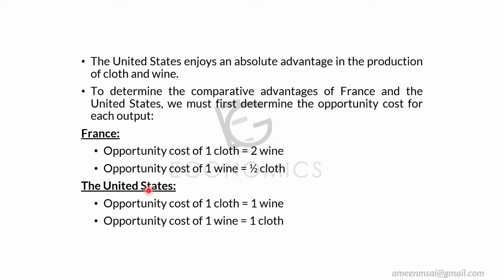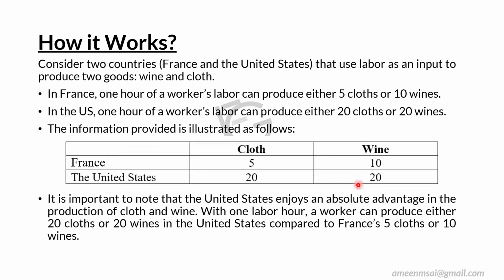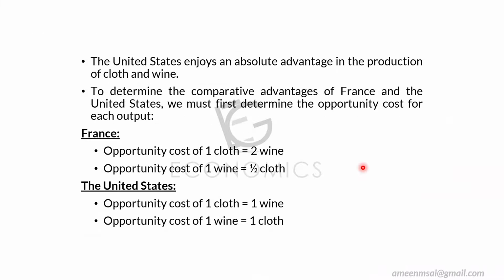On the other hand, when it comes to United States, the opportunity cost of one cloth is equal to one wine. Opportunity cost of one wine is equal to one cloth. As we can see, both are 20, so the opportunity cost is 1 each. When it comes to the production of cloth, which country has the less opportunity cost?